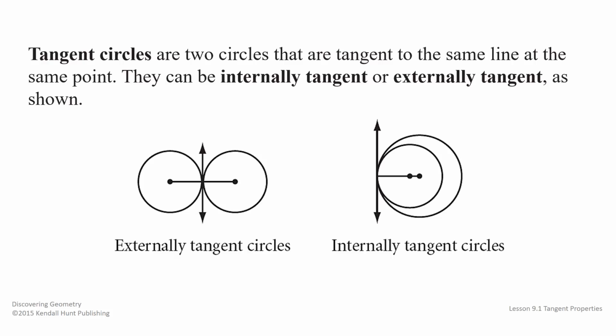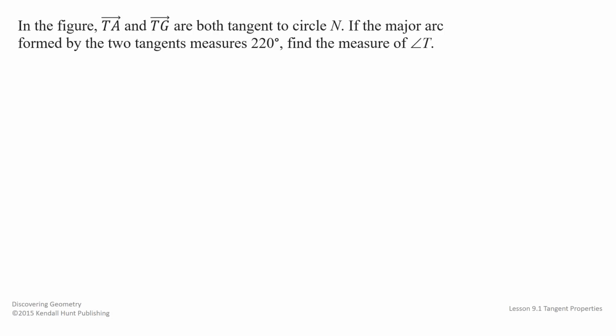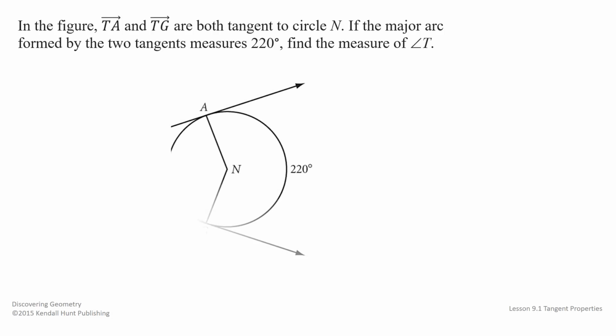So let's look at an example right here. In this figure, TA and TG are both tangent to circle N. So TA and TG are equal tangent lines. If the major arc formed by the two tangents measures 220 degrees, we want to find out what angle T is on the left.